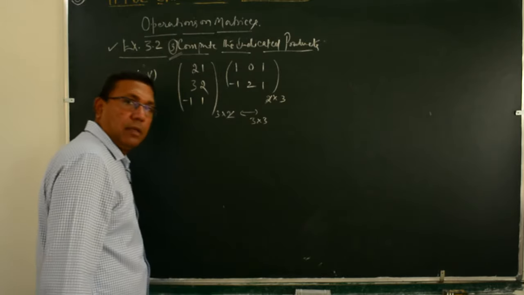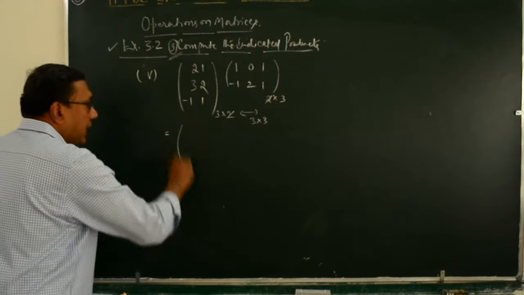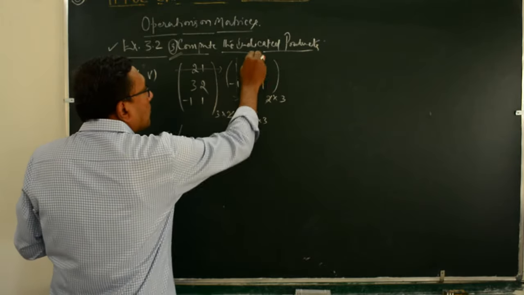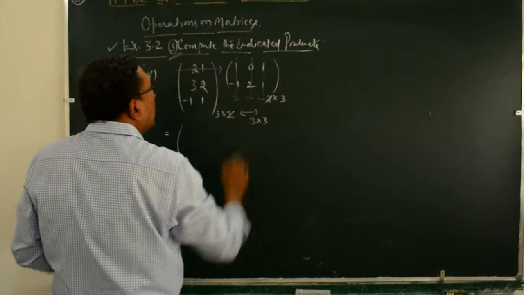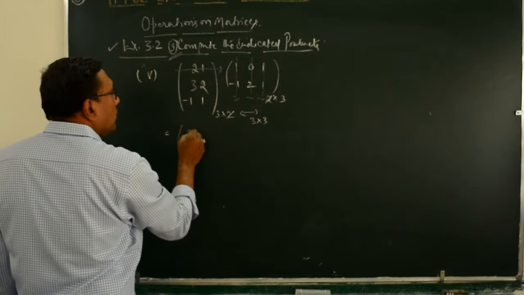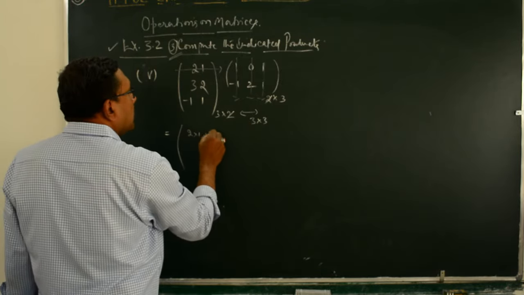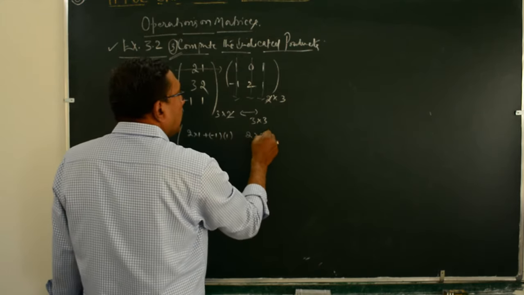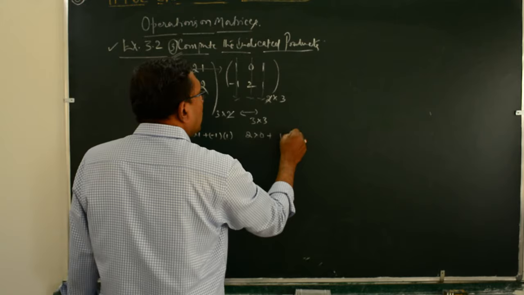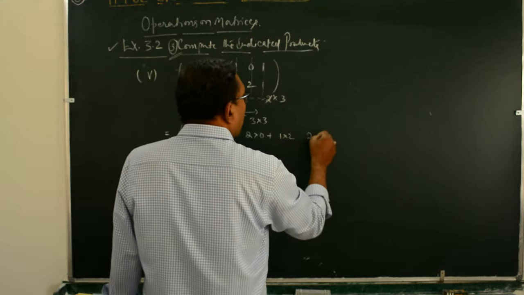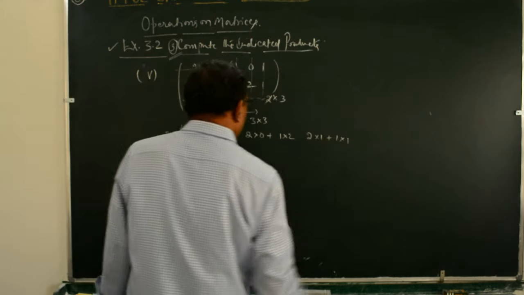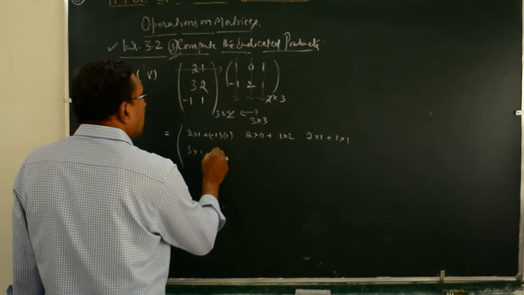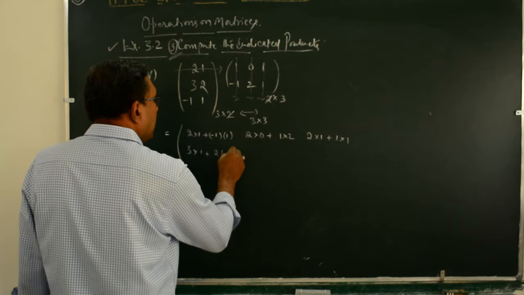Let us see what do we get. So again, first row: 2 into 1 plus minus 1 into 1. Next, 2 into 0 plus 1 into 2. Then 2 into 1 plus 1 into 1. Then 3 into 1 plus 2 into minus 1.